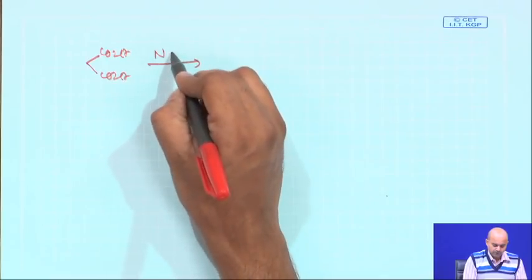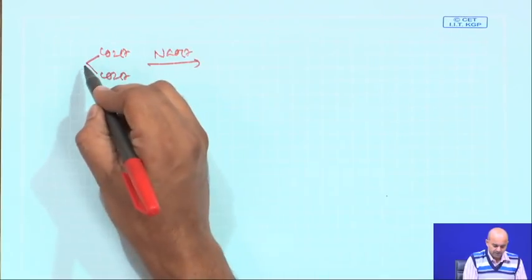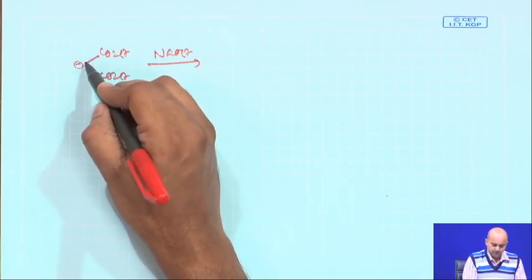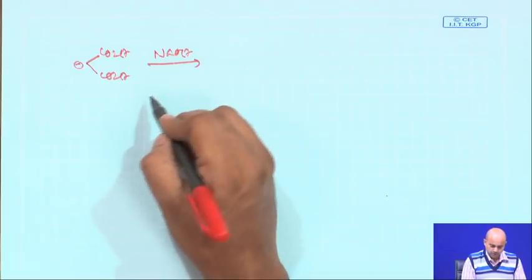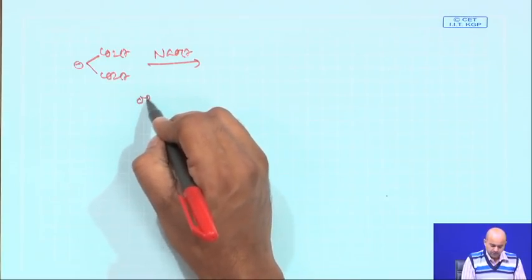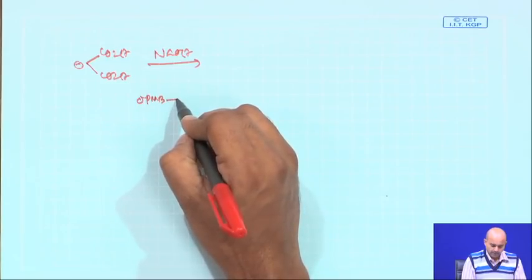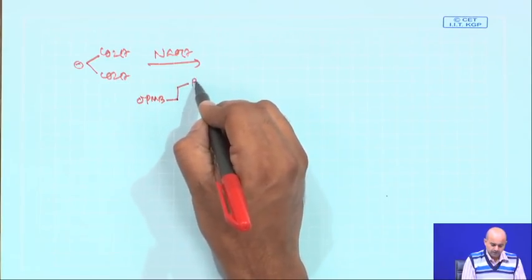react with a base, sodium methoxide, to generate the carbanion. One equivalent of base, there are 2 acidic hydrogens, so in principle both can be abstracted one by one, and the electrophile is the bromide.